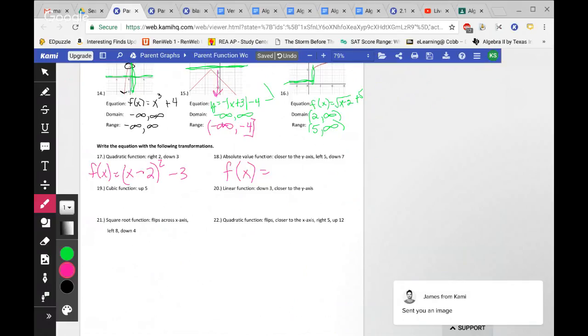So you can pick any number. What number do you want to pick? 2. Okay. An absolute value. And now what's going to go inside the absolute value? x plus 5. Good job. Minus 7. Good job. Awesome. That's it.